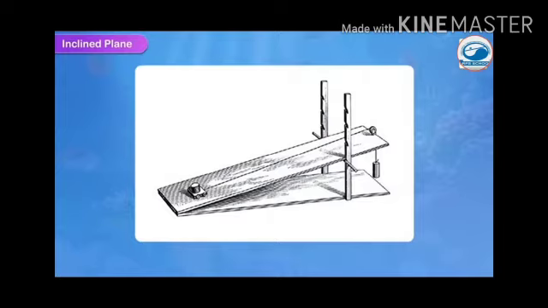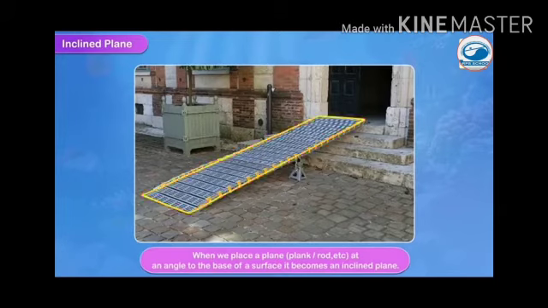Inclined plane. An inclined plane is a flat surface with a slope. When we place a plank or a rod, etc., at an angle to the base of a surface, it becomes an inclined plane.